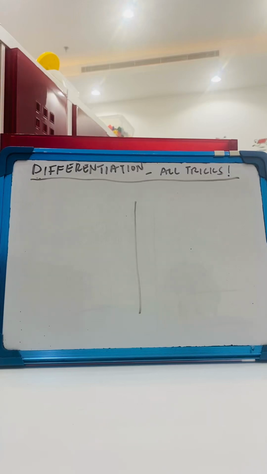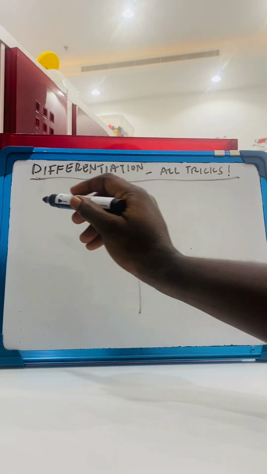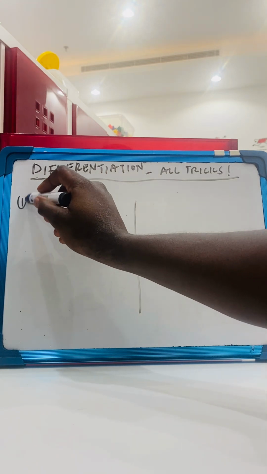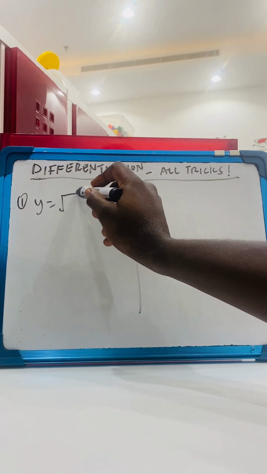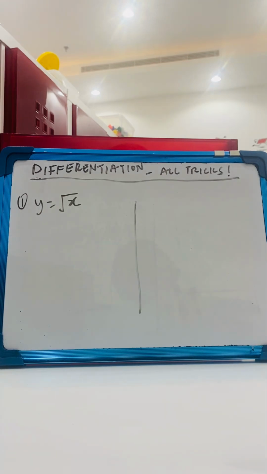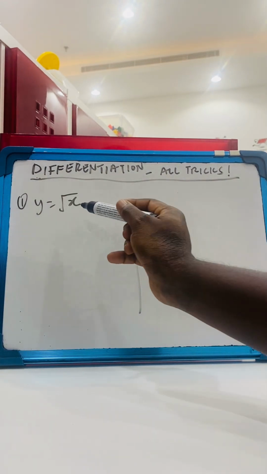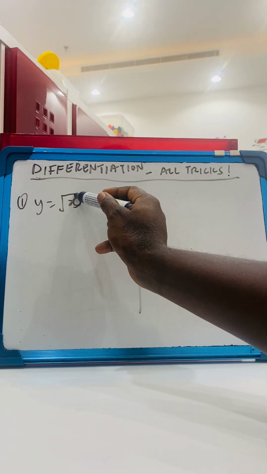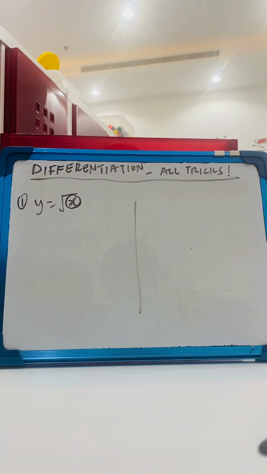Right, so for today, I will look at all tricks for differentiation. I will begin with differentiating under the root sign. For instance, if I have y is the square root of x, the trick here is to differentiate what sits under the root sign, and divide by 2 times the given function.